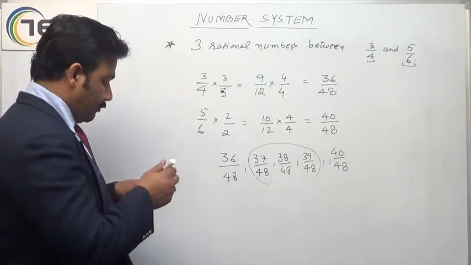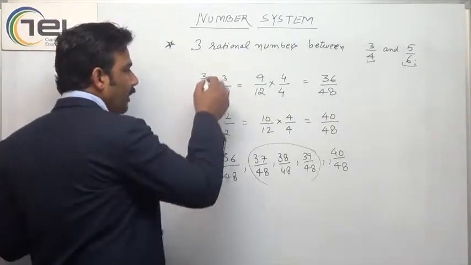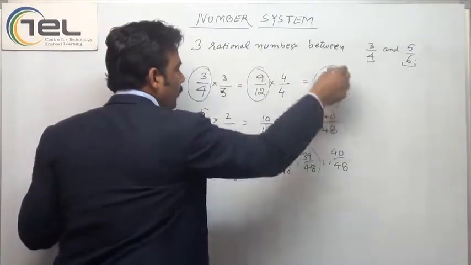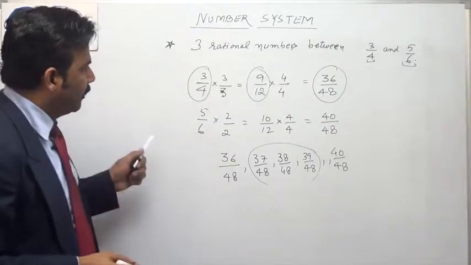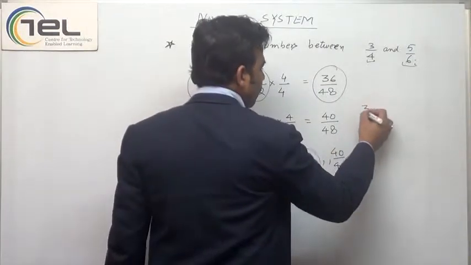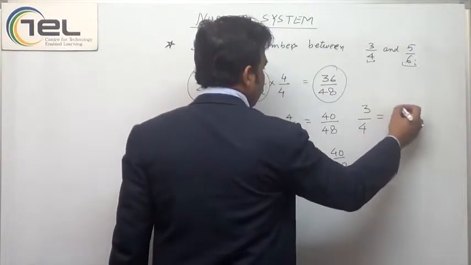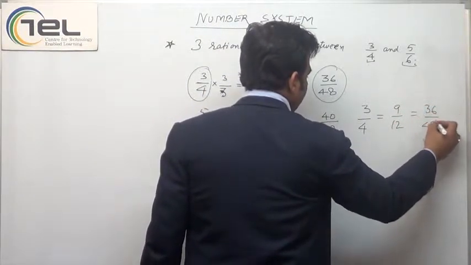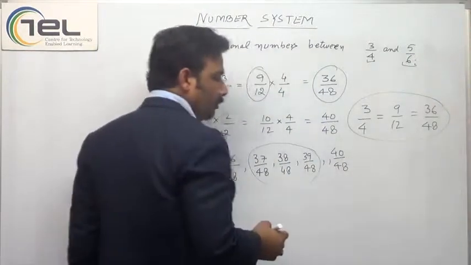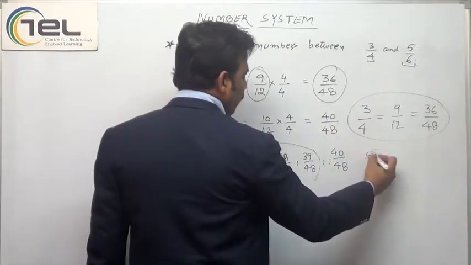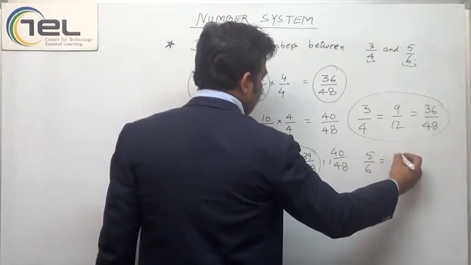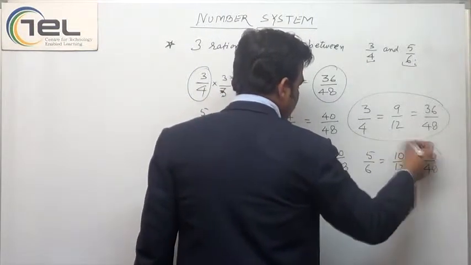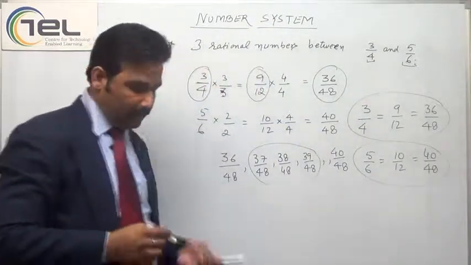Now another question: is there any name given to these? What I have taken: I have written 3 by 4, and I have written 9 by 12, and 36 by 48, all equal. Here 5 by 6, 10 by 12, 40 by 48, all are equal.